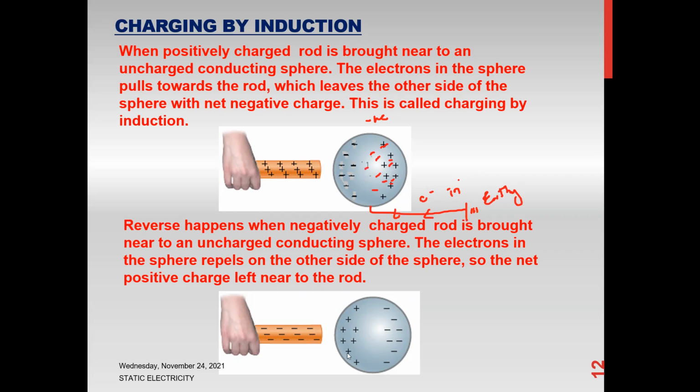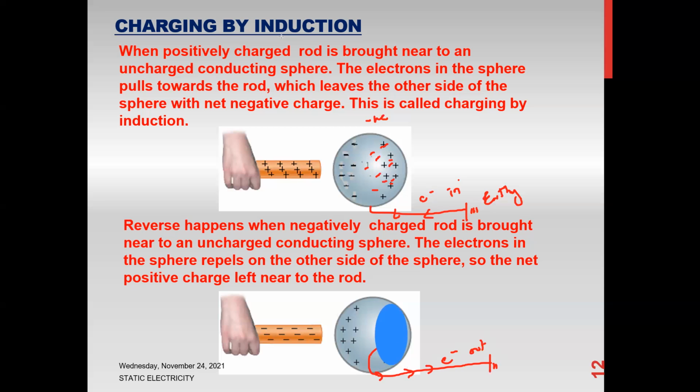And the opposite happens if we bring a negative charged rod to a metal sphere and connect an earthing wire. This time, because the negative charge repels the electrons, the electrons find space, so they go out. As these electrons are being removed, the majority of the charges are positive.